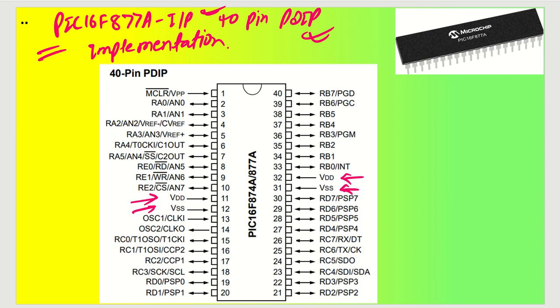So we require power for this and we know the power requirement is 5 volt. So our first aim is to design the power and then we'll go ahead with reset switch. This is our reset pin, and then we will be talking about programming as well. So programming is PGD, PGC and PGM that we have already discussed in our previous videos, right?